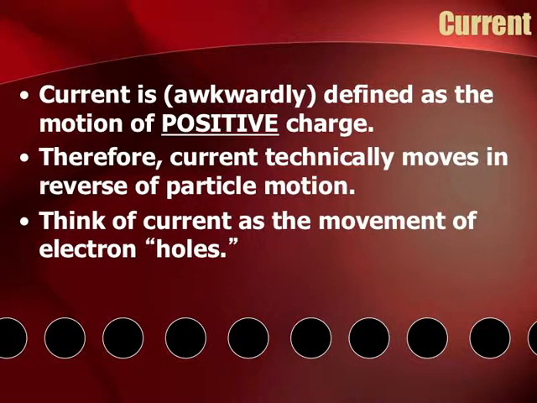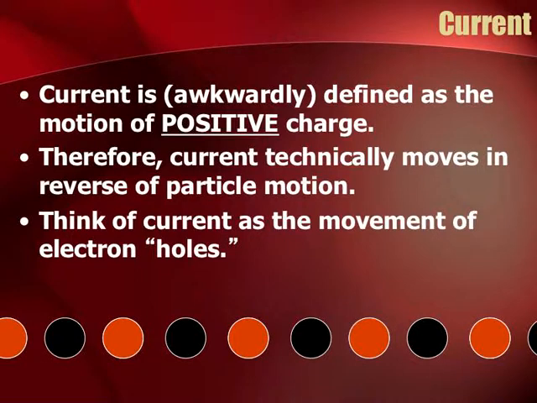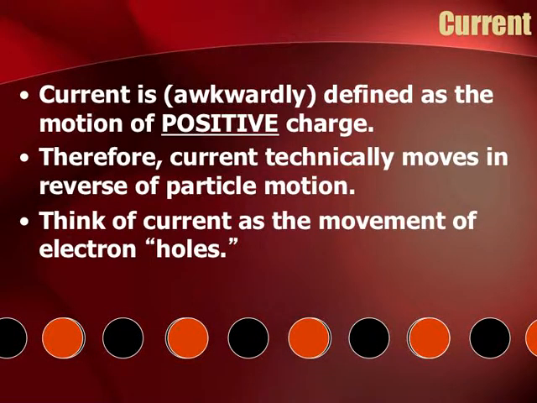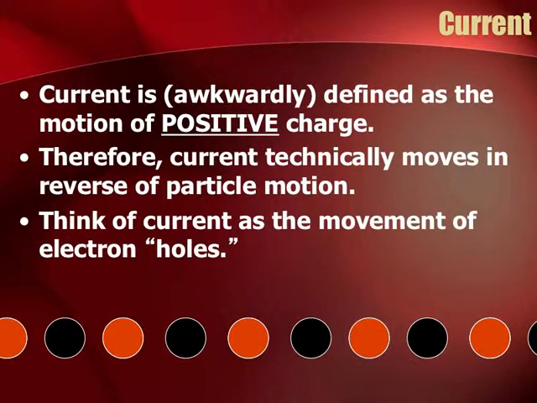Let's say these are all electron holes, and I'm going to fill in every other one with an electron. The red is going to represent the electron, and the black will represent the electron hole. If I take one of those electrons and move it to the left, do you see how the holes move to the right? The hole doesn't move, but the sequence moves to the right a little bit.